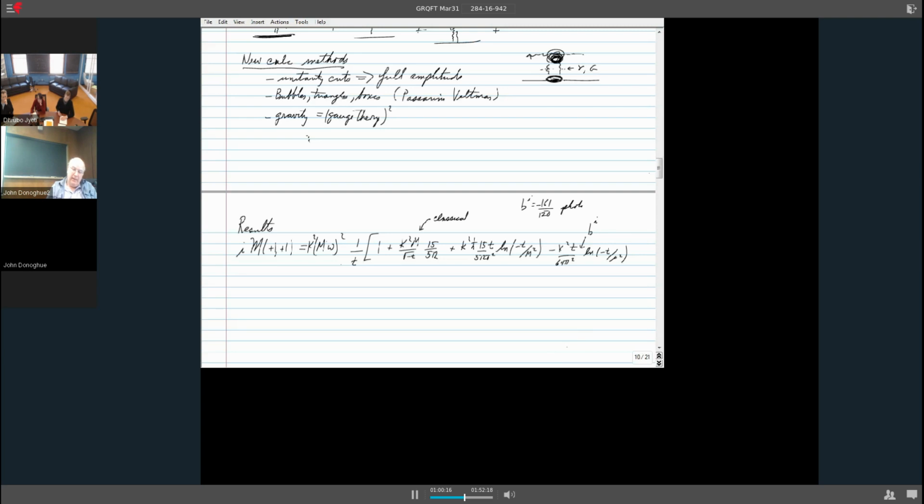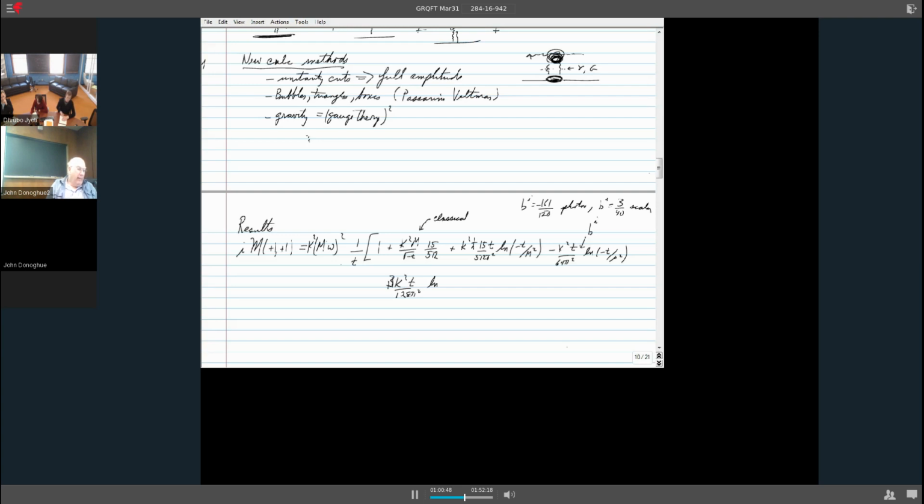This one, the one that comes with m squared, has the same coefficient. The next log is kappa squared, oh, I'm sorry, there's a factor of T there. Kappa squared T over 64 pi squared log of minus T over mu squared.